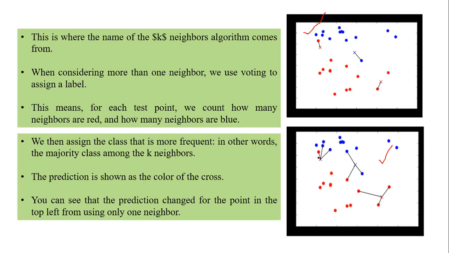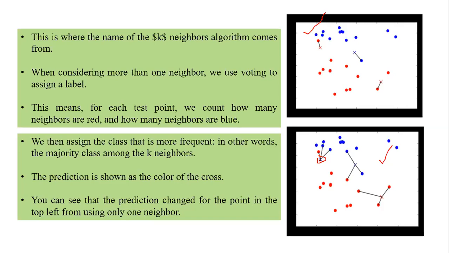So let's check that. What is this? We are considering 3. So the closest 3 points are 1, 2, and 3. So this says 2 blues and one red are close to this.